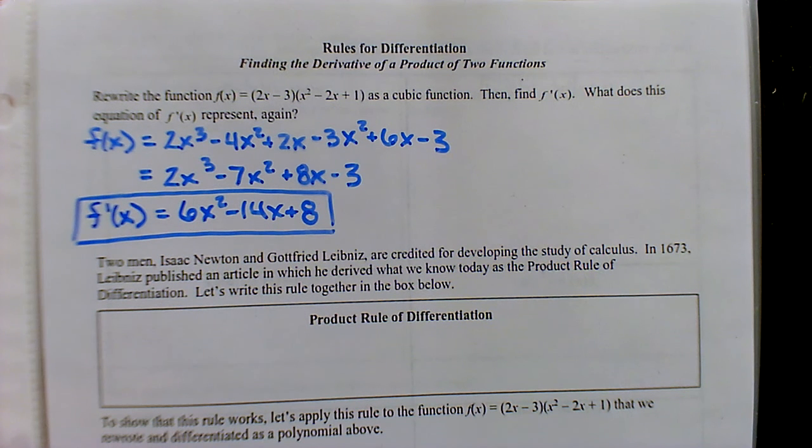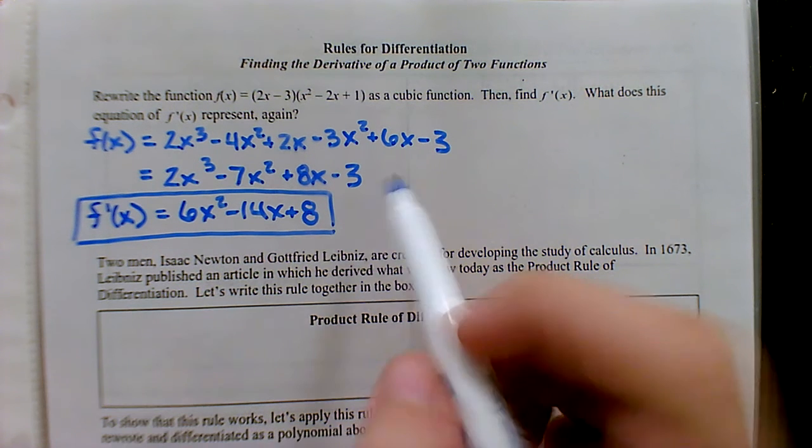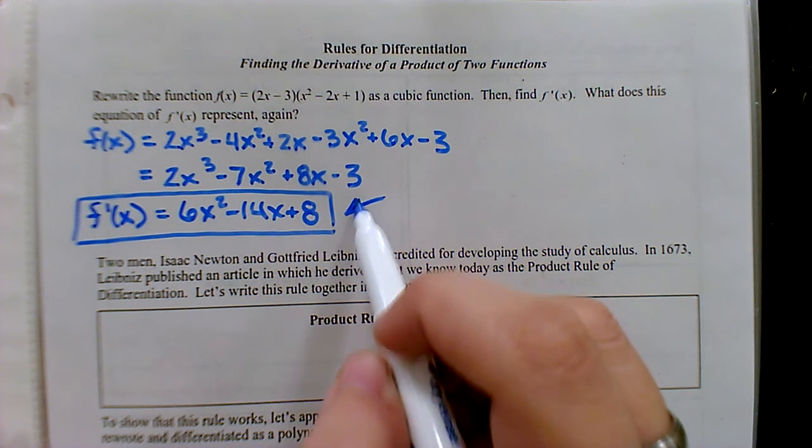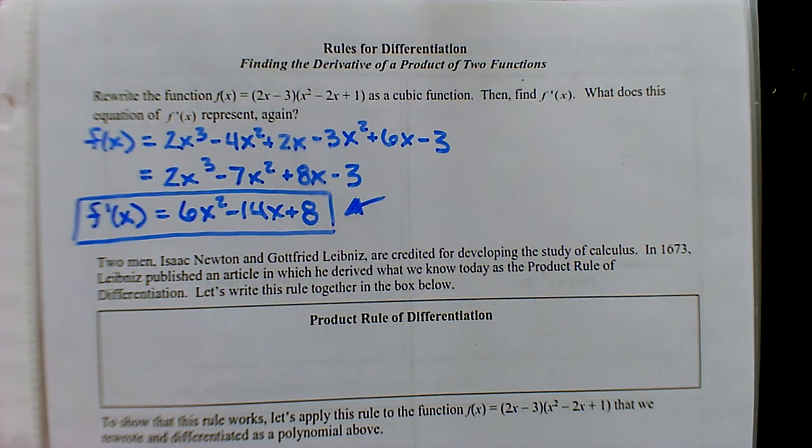So that's one derivative shortcut we've discussed. What does this equation represent? This 6x squared minus 14x plus 8, what on earth does that mean? Or if we were to use it somehow, what would our answer represent?